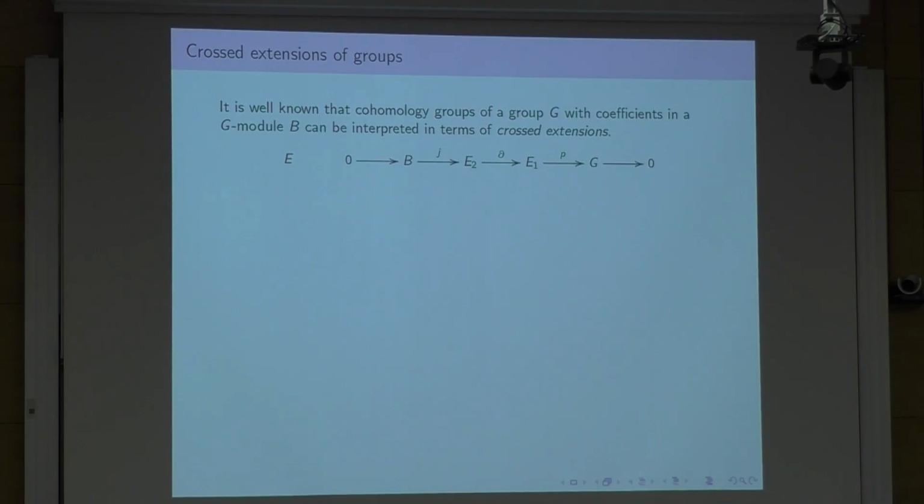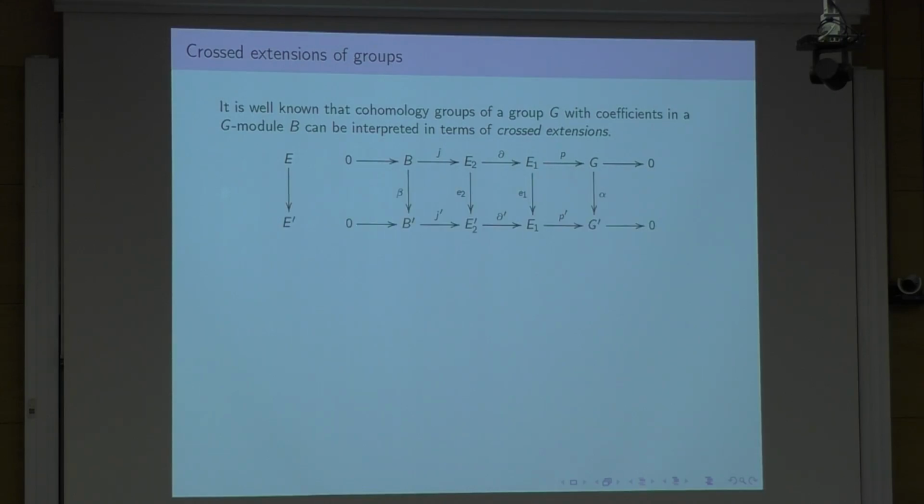And then you have a morphism of groups with an action of A1 over A2, and there are two axioms which make this partial a crossed module. I don't have time to enter the details, but they are very well-known properties.